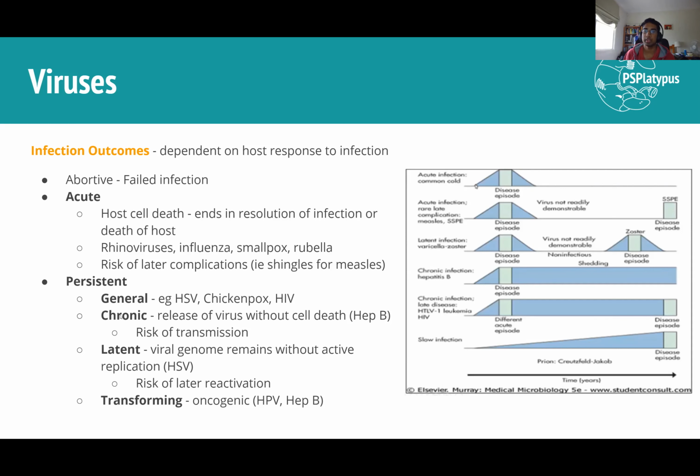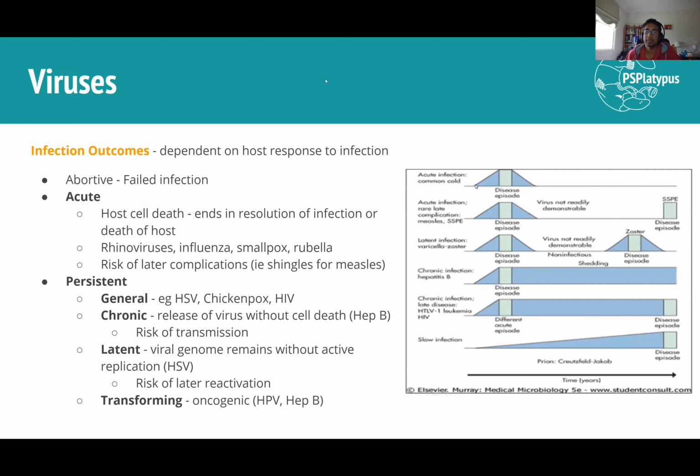We also have chronic infection. It's again the same sort of thing, except this one has a higher risk of later disease episodes in which there actually becomes a significant impact on your body function. We have latent infection. So your viral genome stays in your cells, and then at some point it can flare back up if you're unlucky.